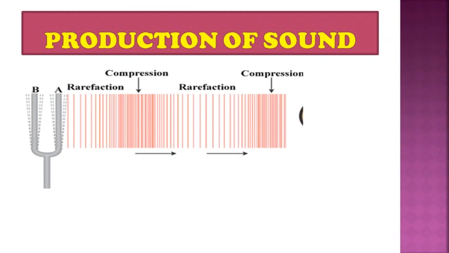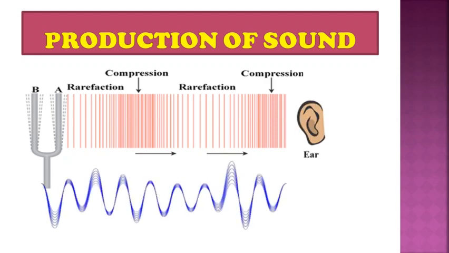Such a periodic motion of the prongs, periodic meaning the motion takes place at regular intervals, creates compression and rarefaction in the air, and these are propagated away from the prongs. That means compression and rarefaction take place periodically, and these are nothing but the sound waves.